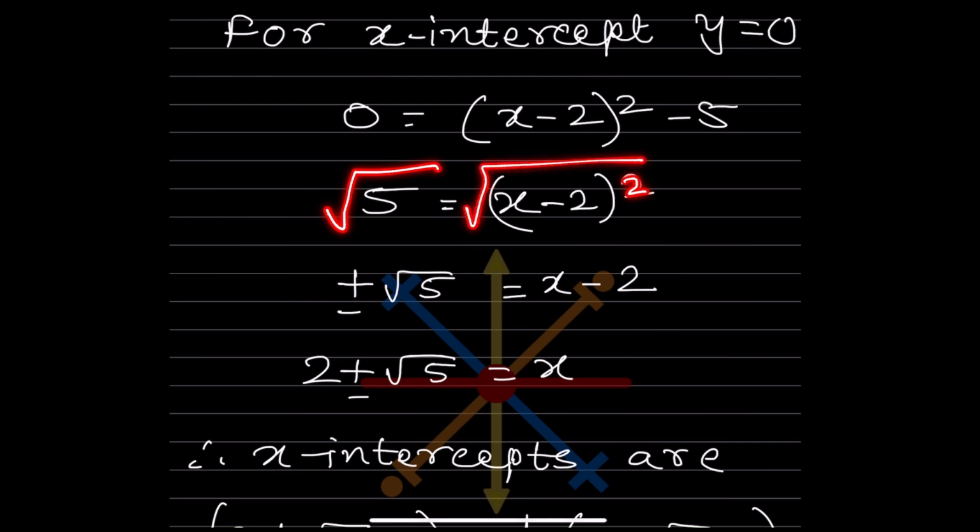So plus or minus root of 5 is x minus 2. This minus 2 will come to this side, so 2 plus or minus root 5 is x.